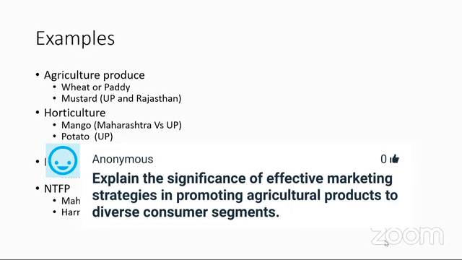So there are two aspects. First is how you are branding it. Second is how you are linking it to the market. These are the two things we need to look at.